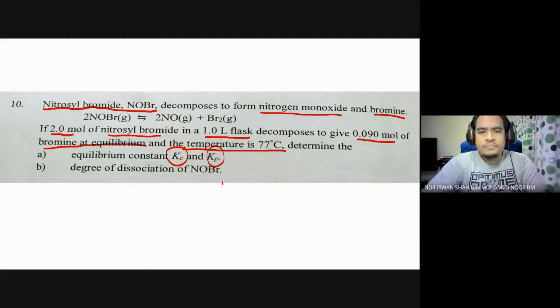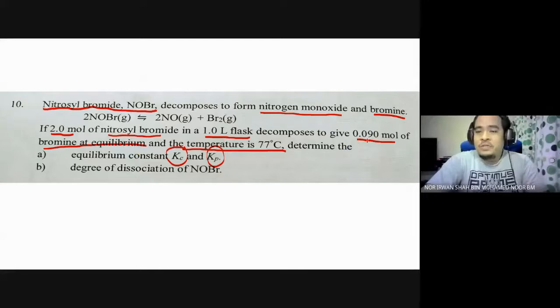Okay, class. If you look at this question, actually this question is quite different from the previous questions that you have encountered so far. In this question, this time we were given the moles of bromine, but the given moles here is moles at equilibrium.